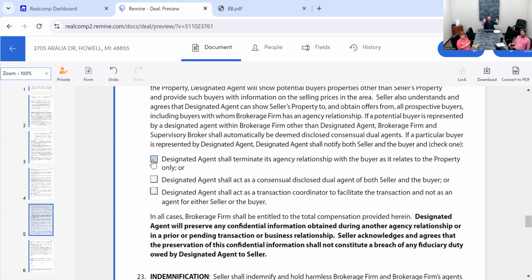But in theory, then I could take all 6%, or again, I could tell the sellers, hey, in that situation, I would still only charge 5% or whatever it may be.